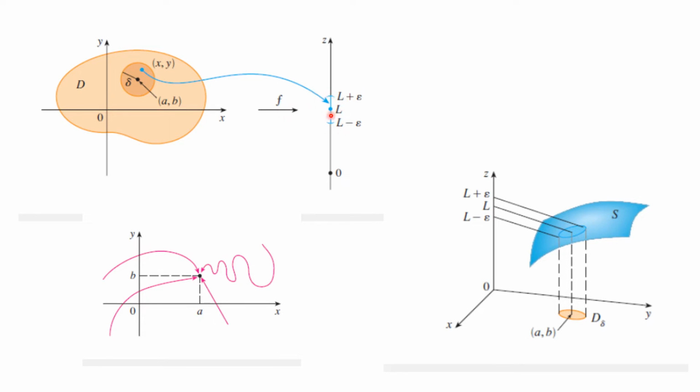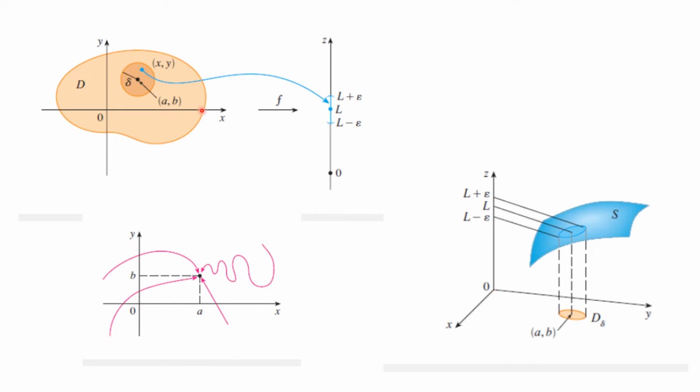So again, you pick epsilon greater than 0 here, and you try to find delta such that this is true. This is what it looks like using an arrow diagram. This is what it looks like in three-dimensional space. So you see z is f(x, y), so here is L. You pick an epsilon interval about that, and you have these values, and you drop the projection into the xy plane, and you get the circle. So this is the calculation that you do.